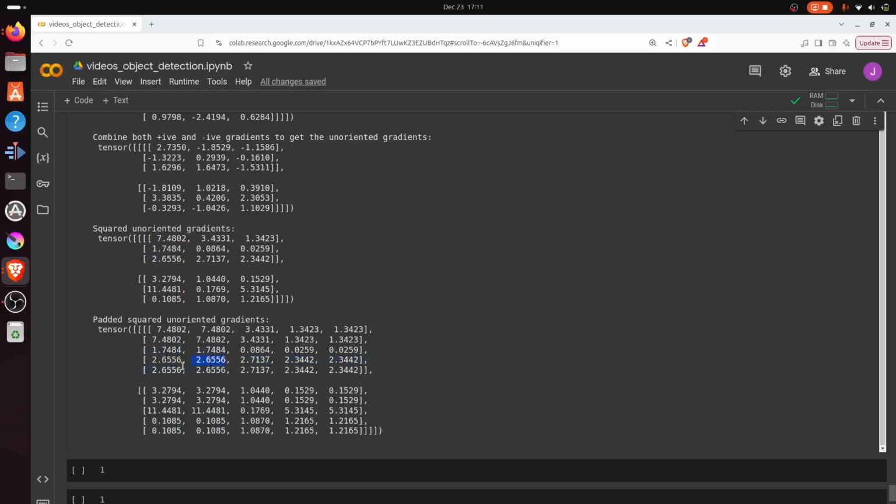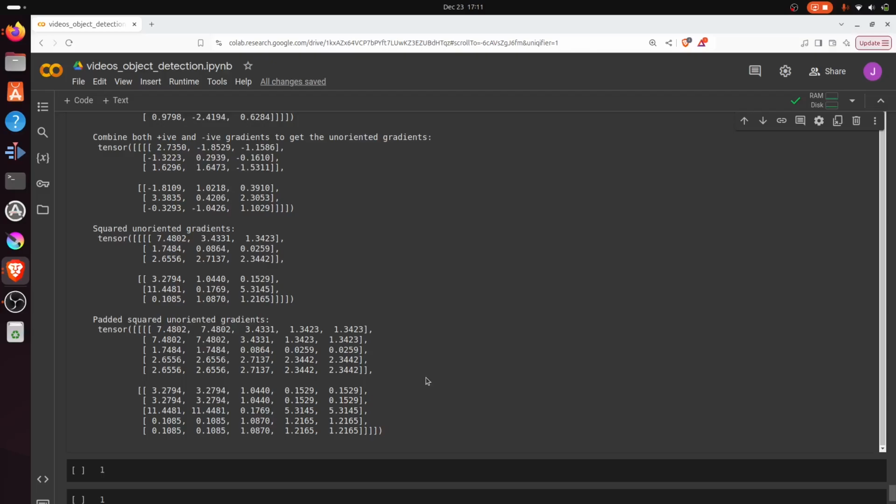And same story with the bottom left corner. Same strategy is followed around the tensor, and also, of course, in the second half of the tensor. Great. Now we just padded our original unoriented square tensor.